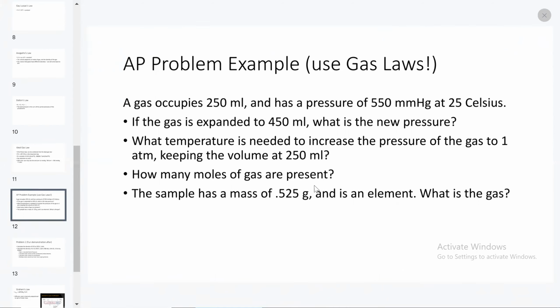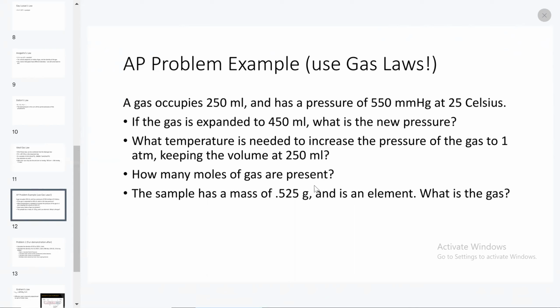What's the volume in liters? Okay, so we have 0.25 liters. What's the pressure in atmospheres? Remember, 1 atmosphere equals 760 millimeters of mercury.